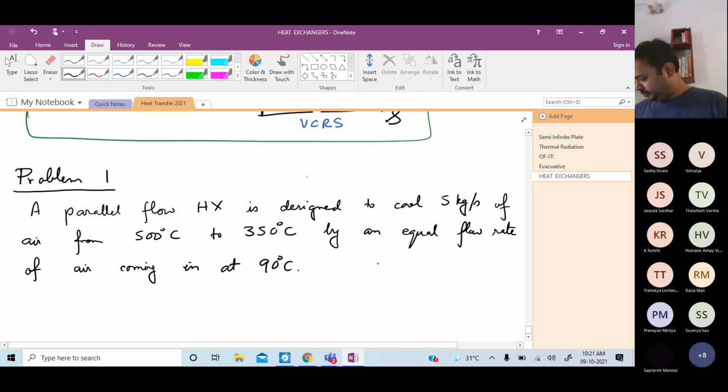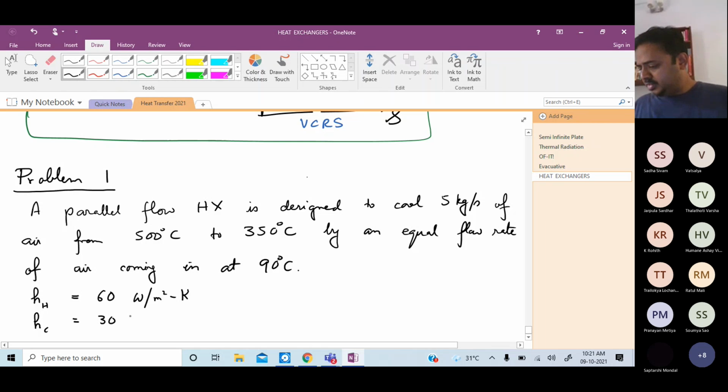Let me give you some data. h on the hot side is equal to 60 watt per meter squared Kelvin. h on the cold side is 30 watts per meter squared Kelvin.